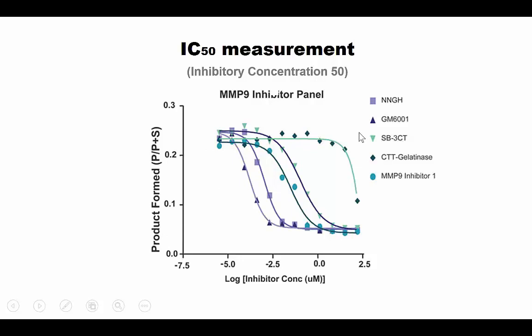If you talk about this as efficiency, then it is the opposite: this is 100% effective, and this is 0% effective. In this case, it is measured by product formed. If it's a product, maybe the target is an enzyme catalyzing some chemical reaction. In this case, it is MMP, a protease.